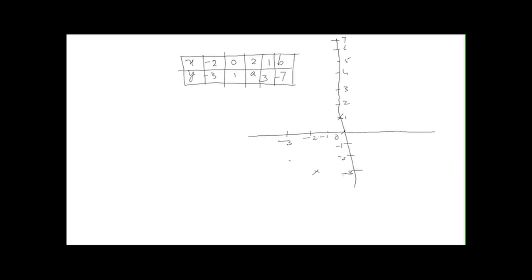This is minus 2 comma minus 3. Now 2 comma a we don't know. 1 comma 3 will come here, correct? Yes, ma'am.